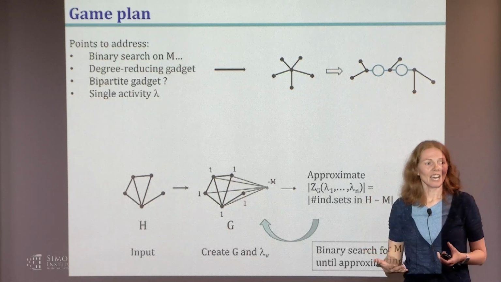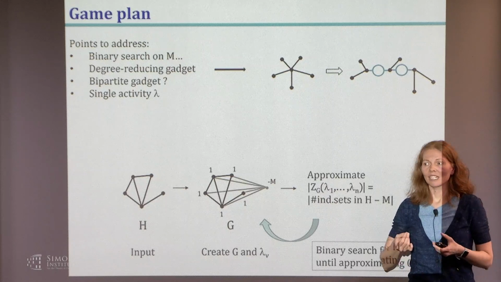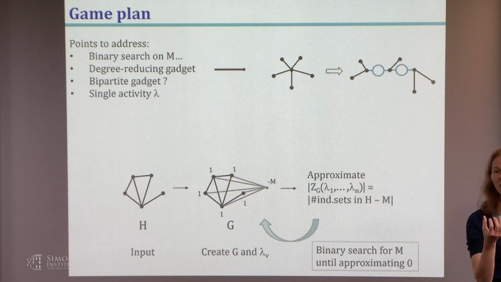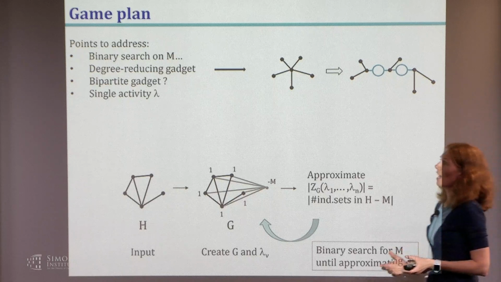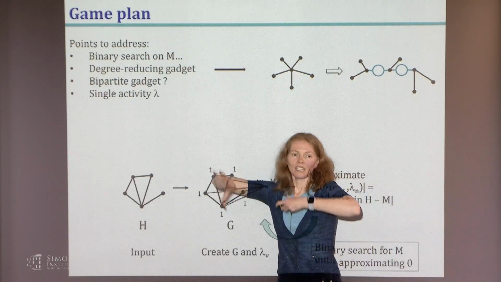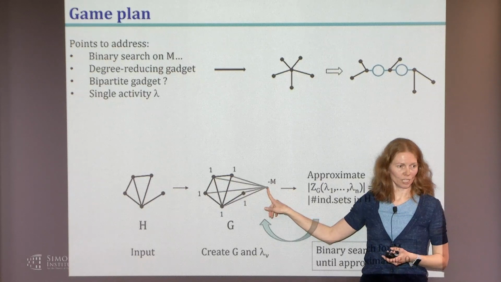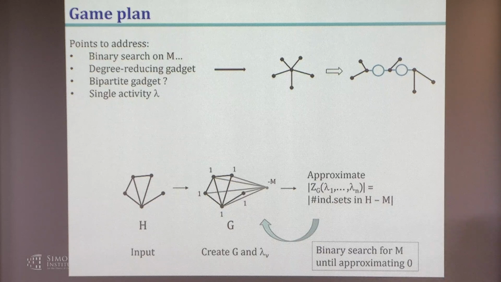But what we really have is just lambda. We're proving that it's hard to evaluate the independent set polynomial for one specific complex valued lambda outside of the cardioid. So we need to somehow take our lambda and convert it to simulate other activities. So that's the setup that we are at right now.